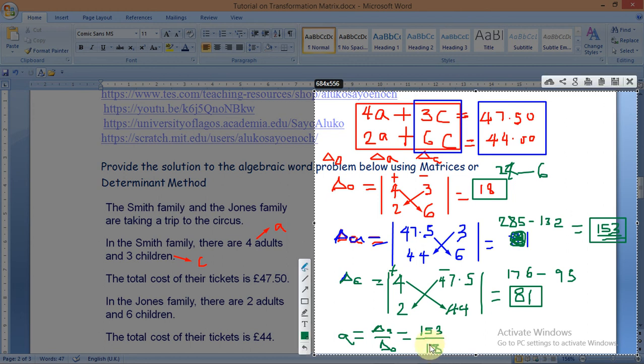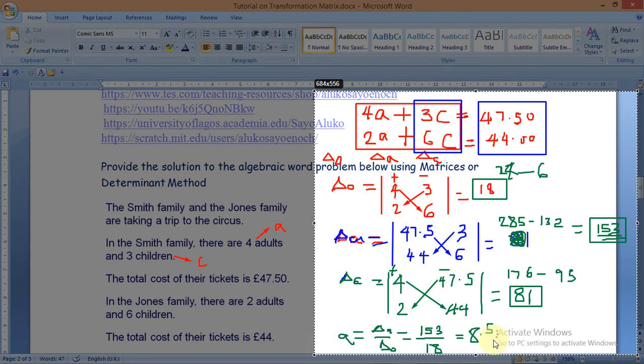So what is 153 divided by 18, guys? Let me quickly do that. 153 divided by 18. Yeah, I'm correct. So that is 8.5. So A is 8.5.